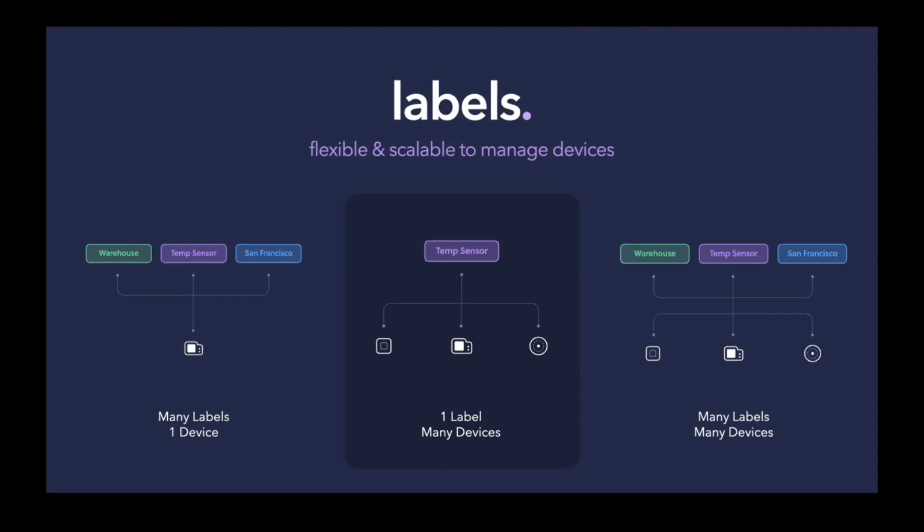And any of these labels can be swapped. So if it goes from San Francisco to New York, now I can use a different New York label. Or if it goes from a warehouse to a processing plant, I could switch that out as well. And so you've got one to many, you've got many to one, and in addition to that, you also have many to many.